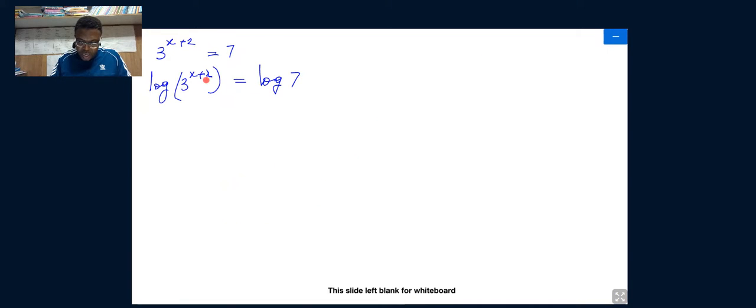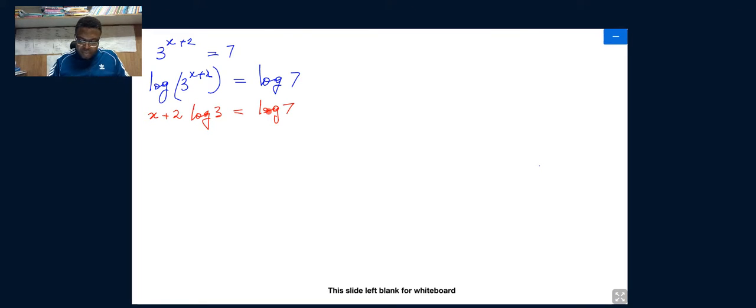We're going to take x plus 2 log 3 equal to log 7. And remember, when logs are written like this without any specification on the base, automatically we assume the base of the log is 10.